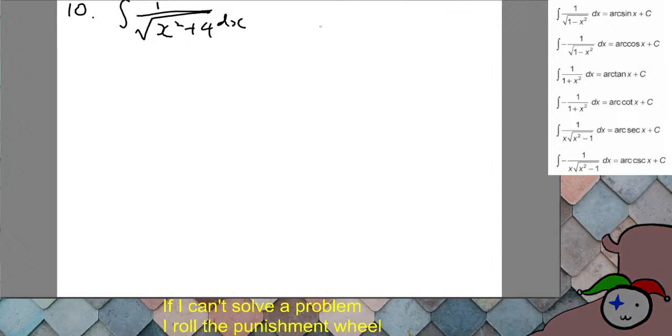Let's see. So effectively that's x squared plus a squared, right? With a being 2 in this case.